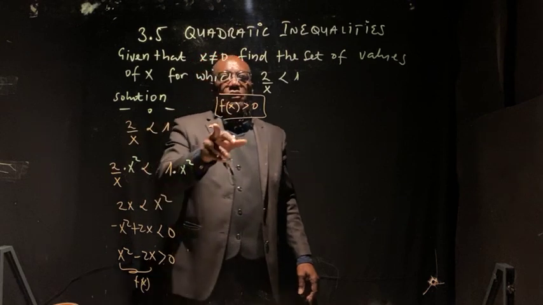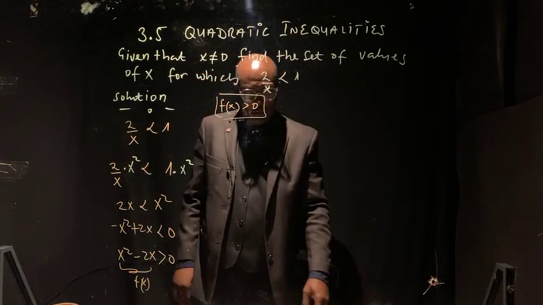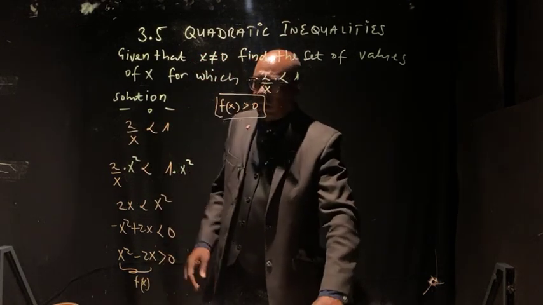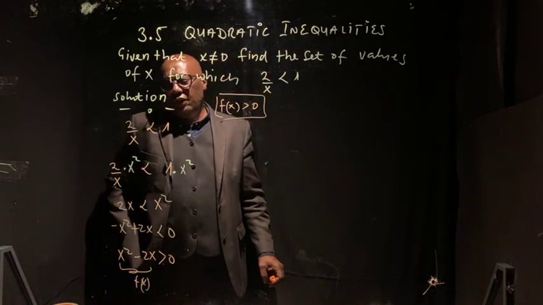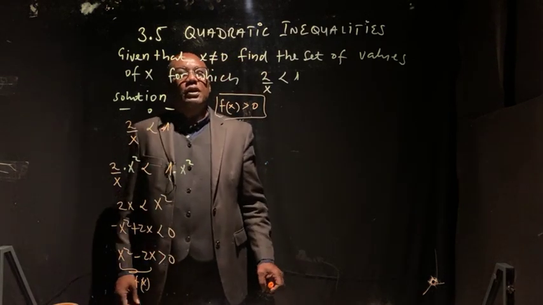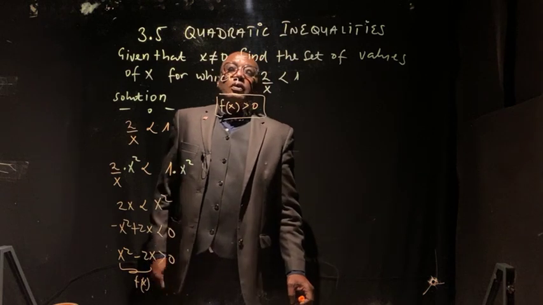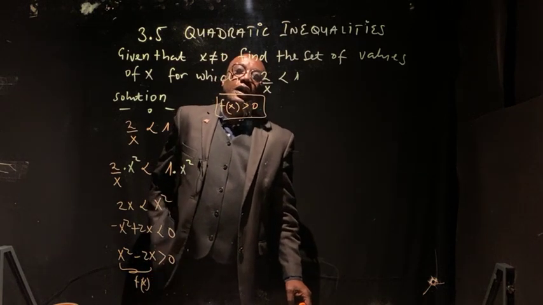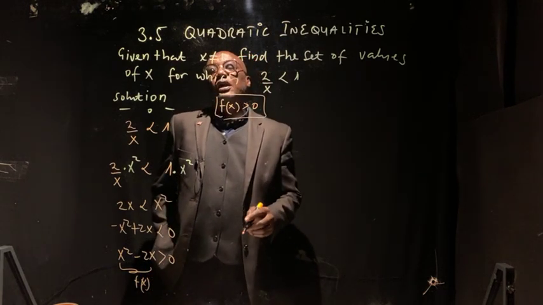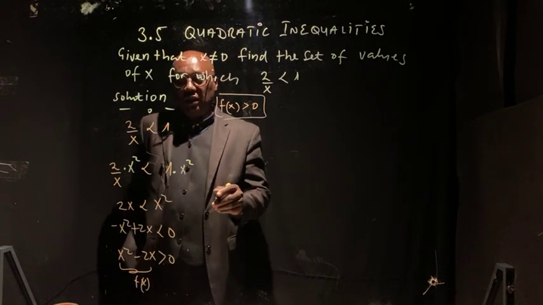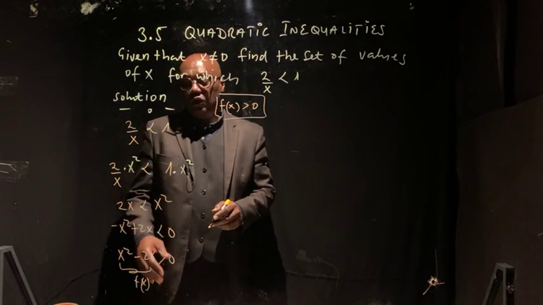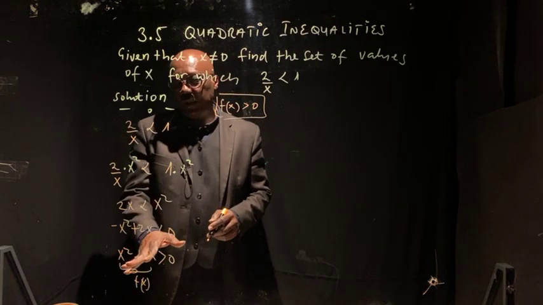Yeah, I paused the video just to wipe the other session. Now, on this equation, we see that f of x is greater than 0, which indicates we are going to consider the upper part of the curve that is above the x-axis. In that case, if we are going to sketch, you just pick this equation.